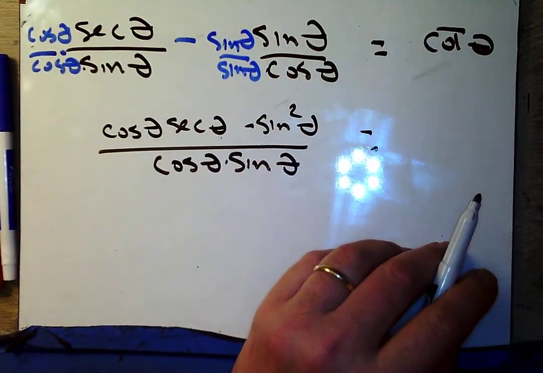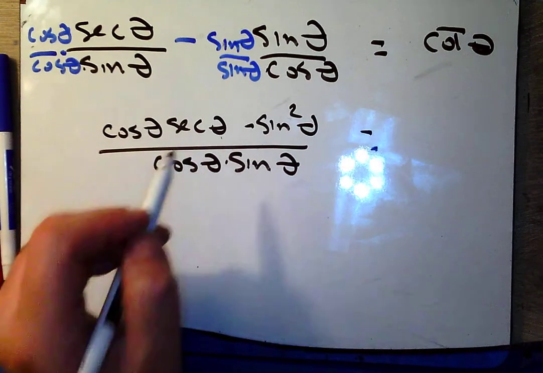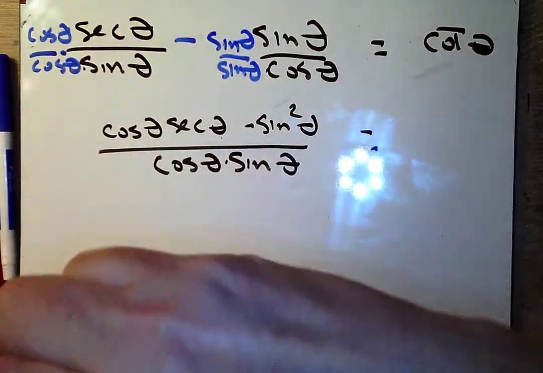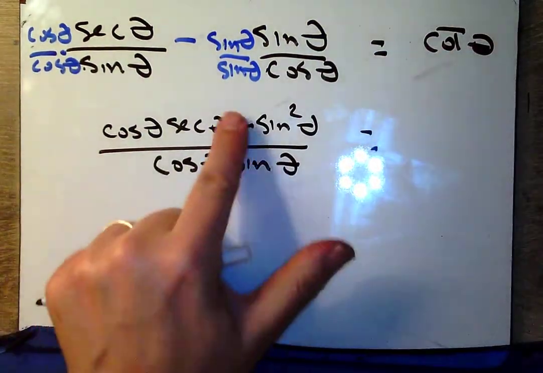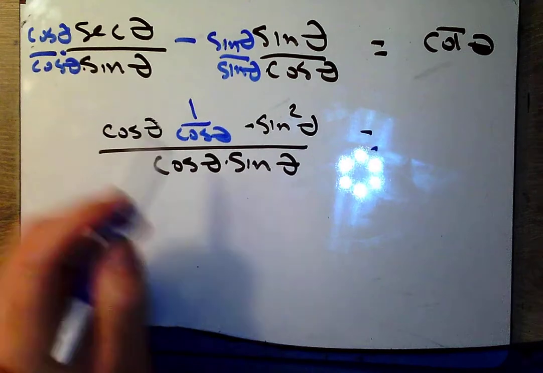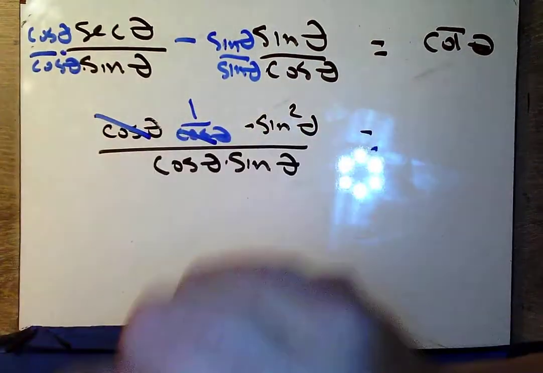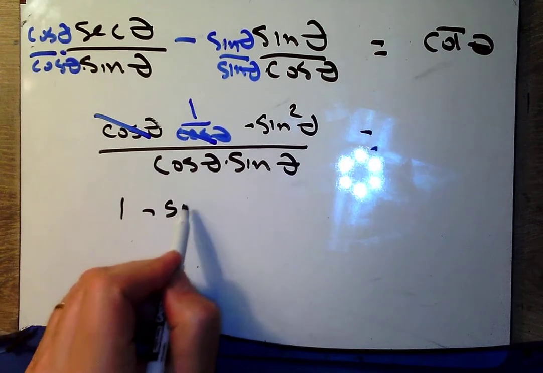Well, that's great. Now, you tried to hide from it, but guess what? You've got to turn this into 1 over cosine theta. And look, those cancel. So on top, I'm just left with 1 minus sine squared theta.